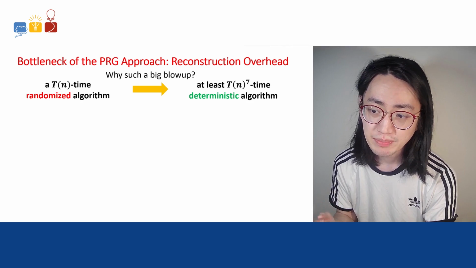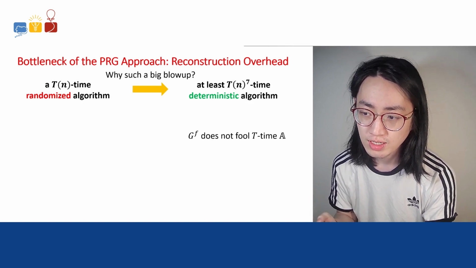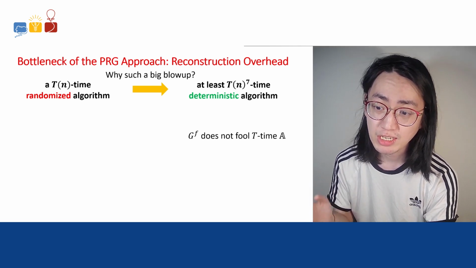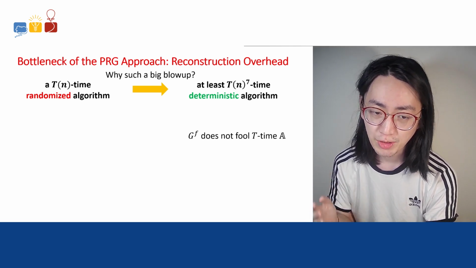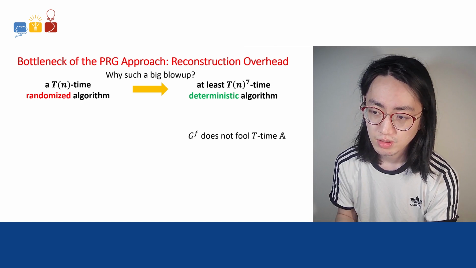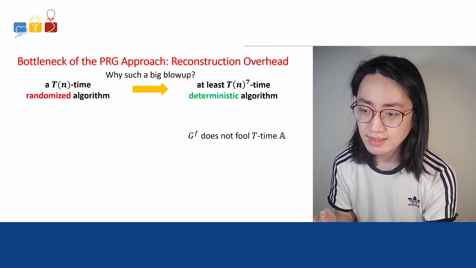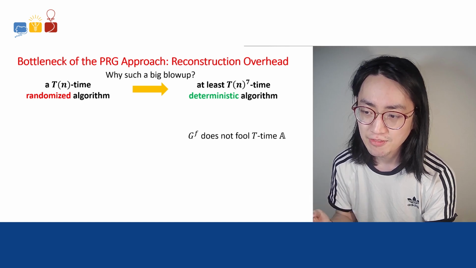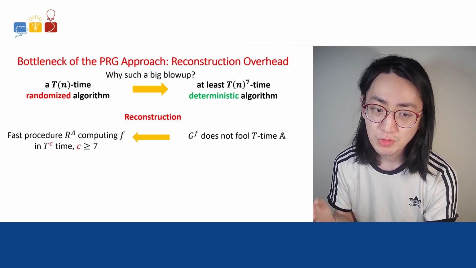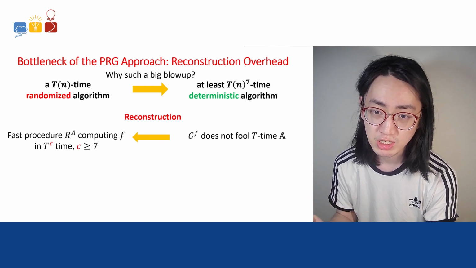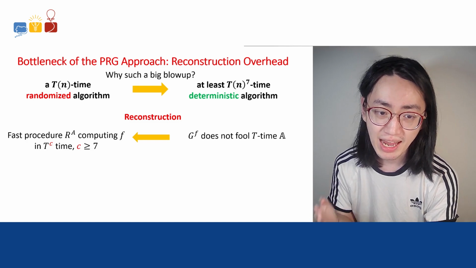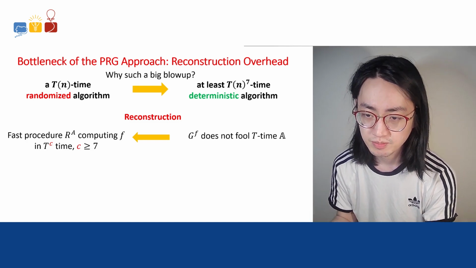The reason is that, in the classical work, the corresponding reconstruction also gives a huge overhead. What I mean is that, given a T(n) time algorithm which is not fooled by g^f, one can obtain a t^c time fast procedure computing f. But here the exponent c is a large constant, at least 7.